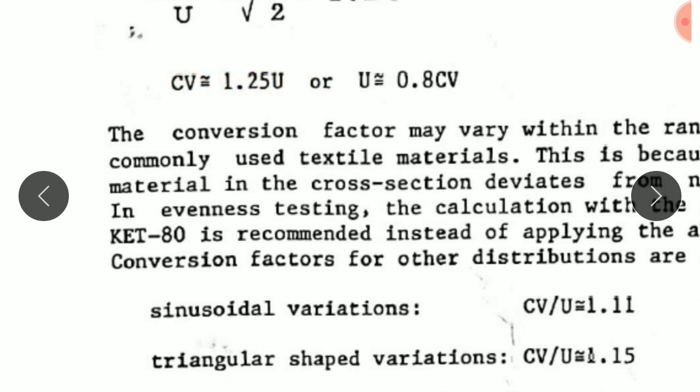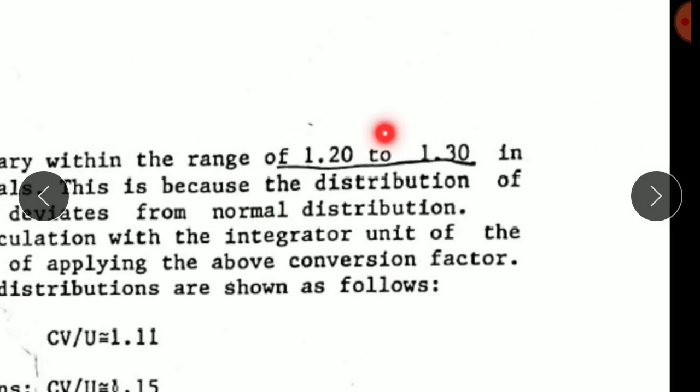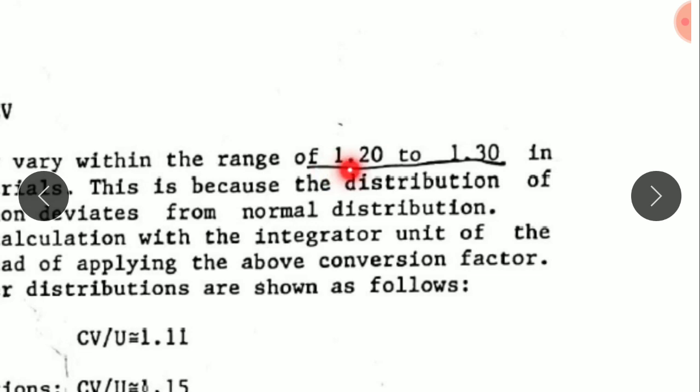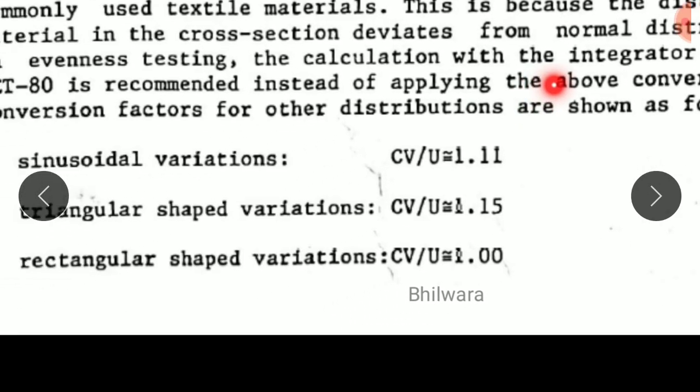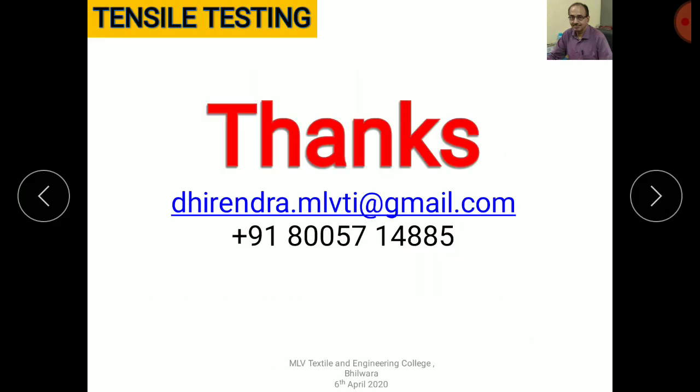However, if they consist of periodic variations and random, the values range from 1.2 to 1.3 depending upon the type of variations present. And if there are rectangular shape variations only, in that case the value of CV percent and U percent will be the same.